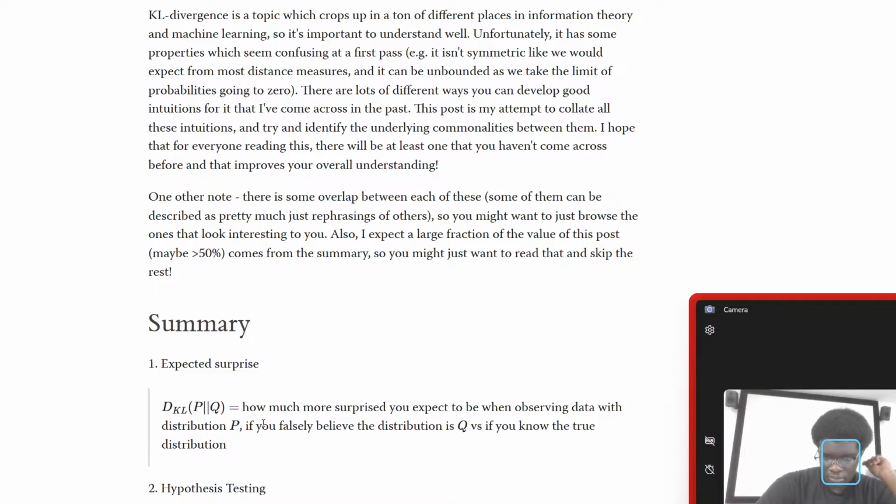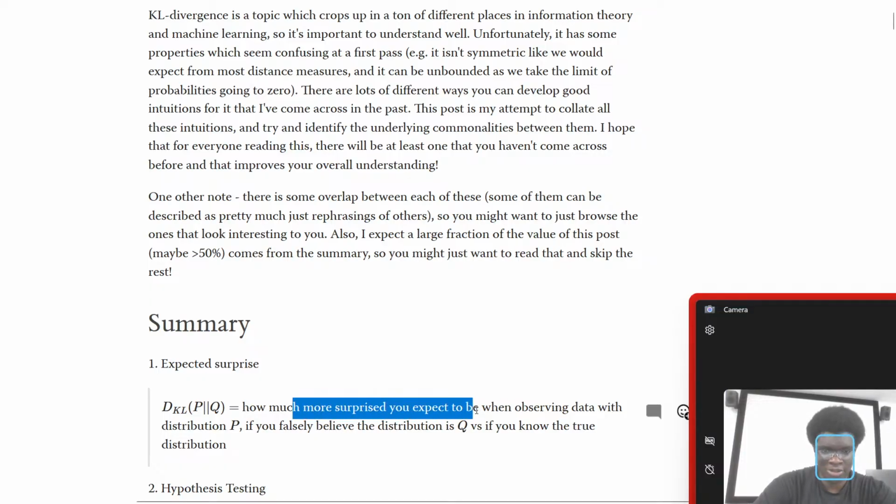How much more surprised you expect to be seems like it's talking about some kind of difference in entropy. Hold on. The entropy, is that not a function of the... Oh, okay.